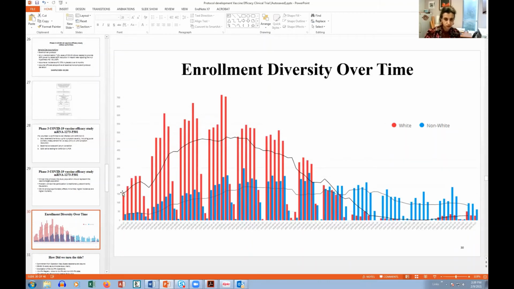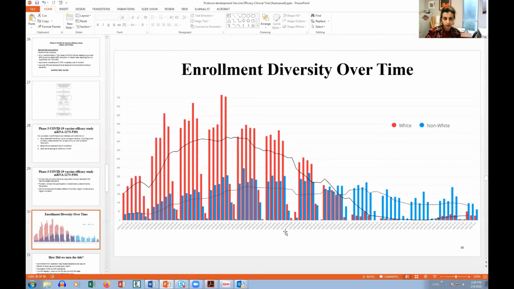So this is the 27th of July, first enrollment. In red are white study subjects. You can see that the study, when it began, was overwhelmingly Caucasian. And we had to implement changes.